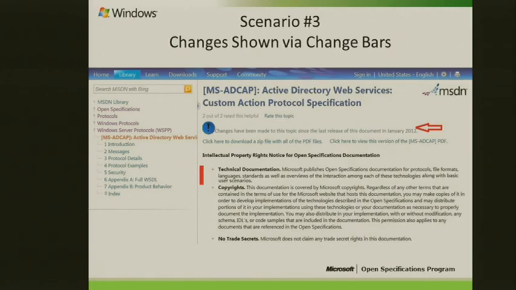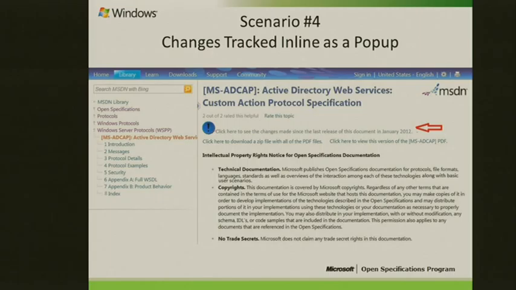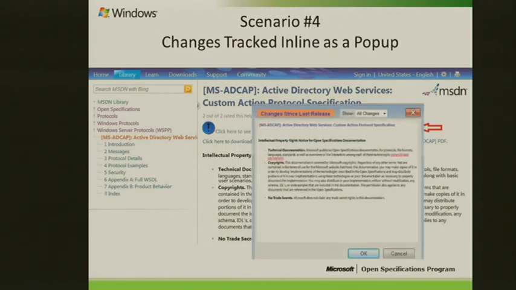All right. Went through. So scenario 4 is to think of the Active Directory technical specification. There is the icon and link that says changes have been made. When you click the link, what you now see is the current topic in a pop-up, and it shows you where the change was made.